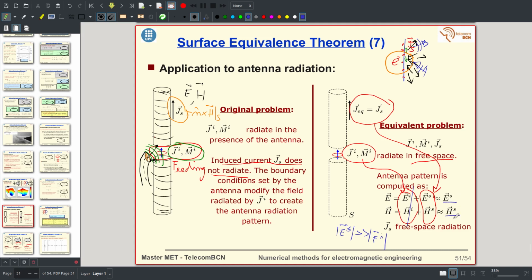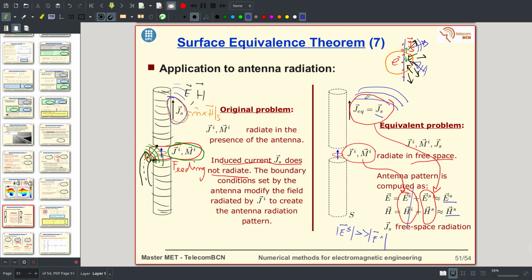Which is the scattered field. So for that reason, in your antenna theory courses, you have the induced current at the surface of the antenna, and you compute the radiation of the induced current at the surface of the antenna in free space, but what you are doing in fact is computing the radiation of the equivalent current in free space, because the equivalent current radiates in free space and the induced current in the original problem does not radiate.